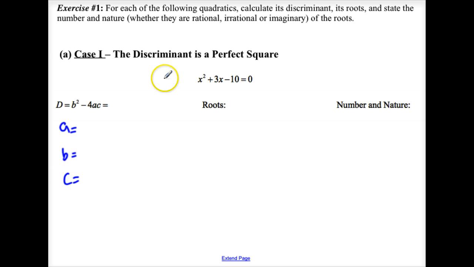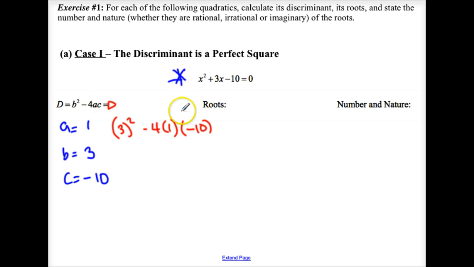Again, these are coming from this quadratic. So my a is 1, my b is 3, and my c is negative 10. So I want to go ahead and put that in my discriminant, which is the piece that's under the radical. So this is equal to b squared, which is 3 squared, minus 4 times 1 times negative 10.